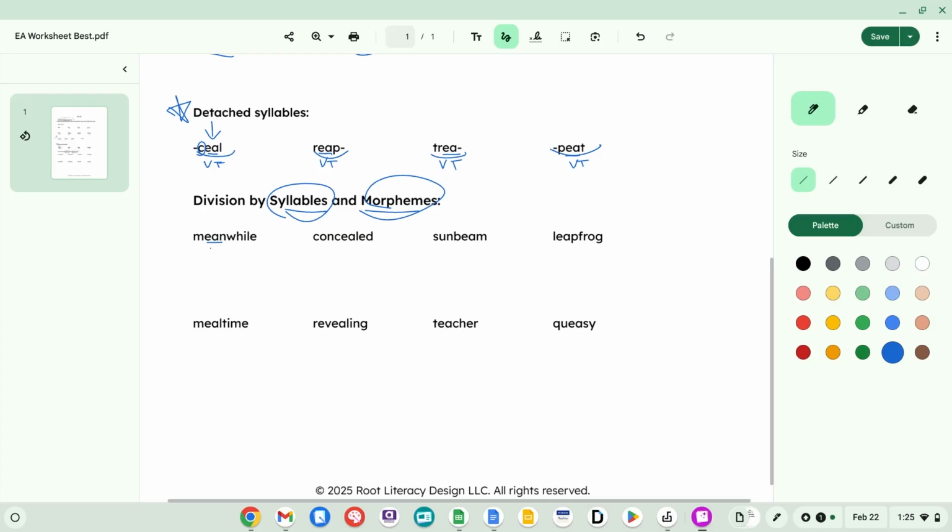So this would be a vowel, and then this would also be a vowel, consonant, consonant. When you see this pattern, you usually divide after the first consonant. So this syllable is a vowel team. This is vowel, consonant, E, so the I says I, so it would be meanwhile.